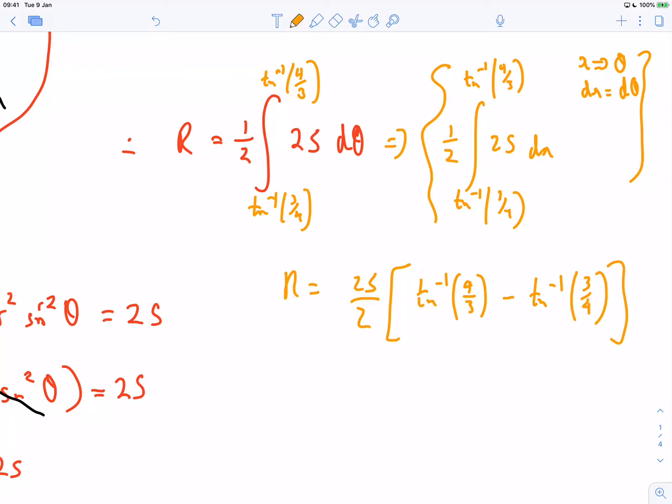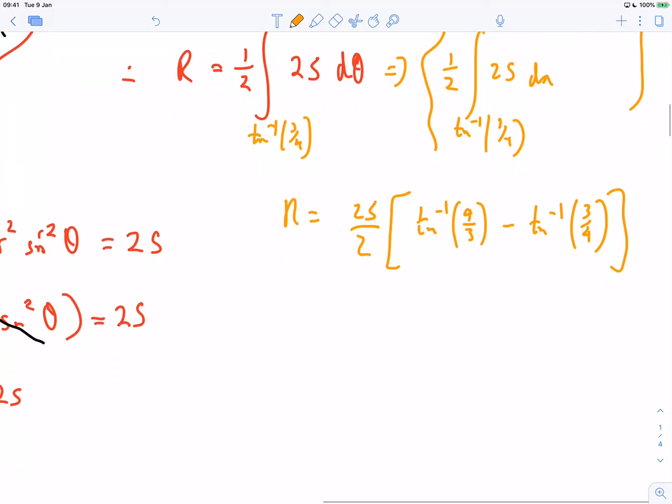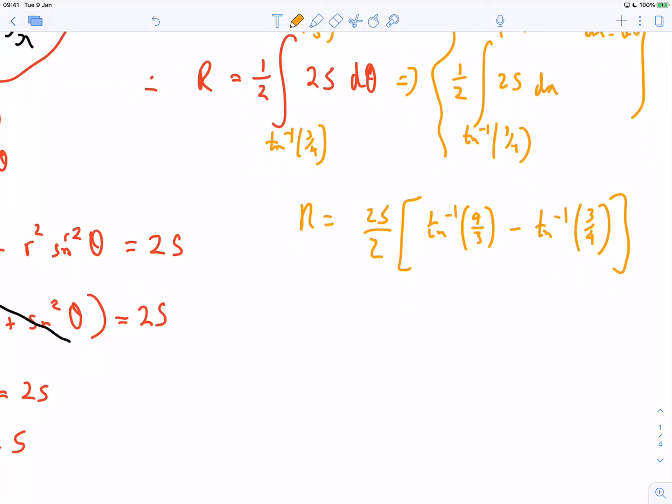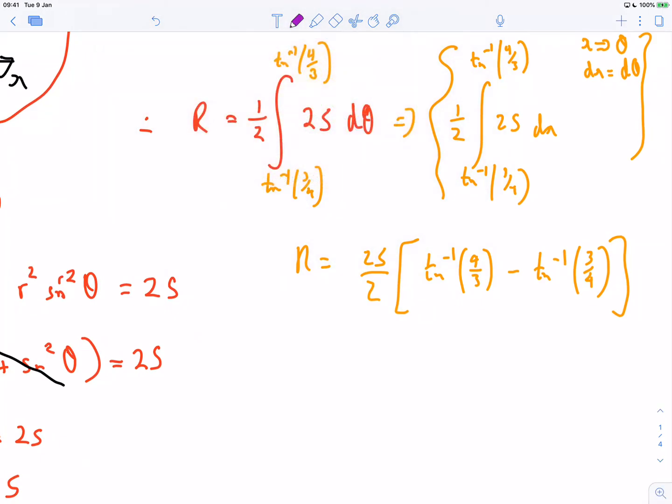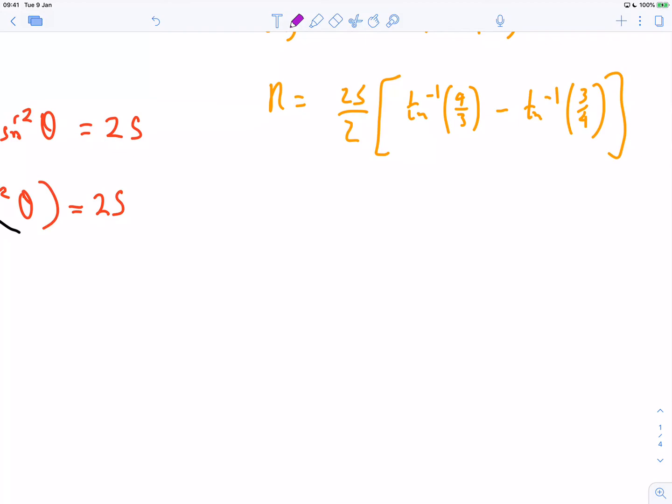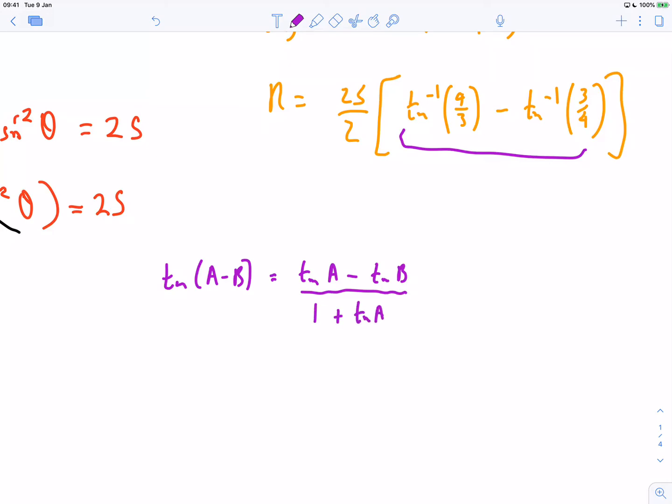And now if you want an exact value of this, you could just plug this into a calculator and figure it out to so many decimal places, but if you want the exact value, the way to deal with inverse tans minus inverse tans is to remember that tan of a minus b equals tan a minus tan b all over 1 plus tan a times tan b.